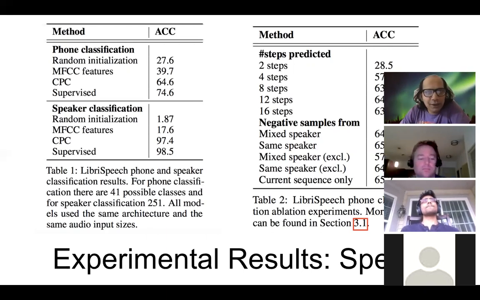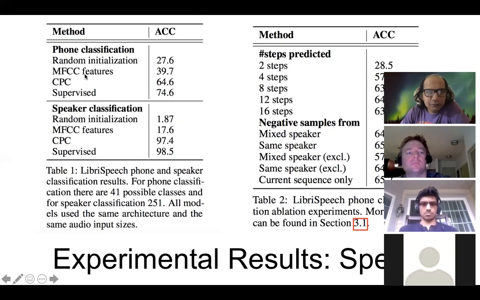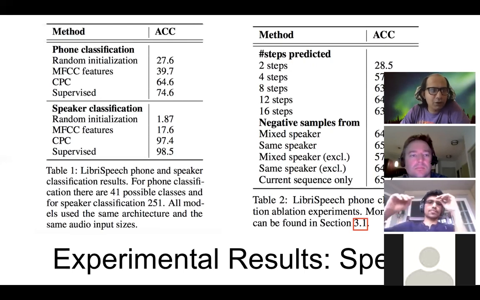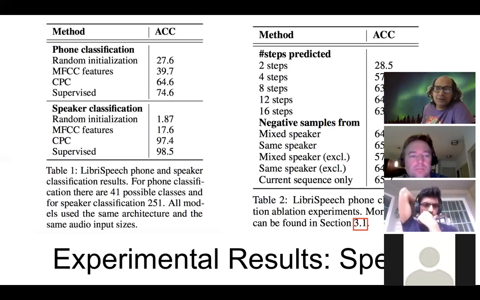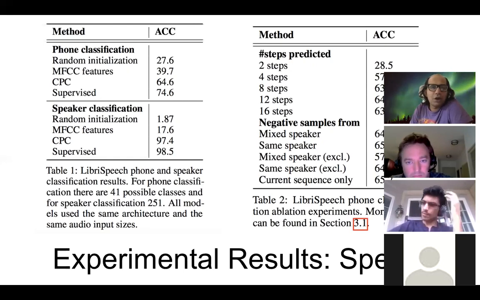So as we can see on the left, if they just randomly initialize their architecture, then the accuracy of phone classification is only 27.6. And we should note that they have not used their CPC representation in this particular model. They have just extracted CPC representation out of this model, and they have used that representation in a logistic regression classifier.